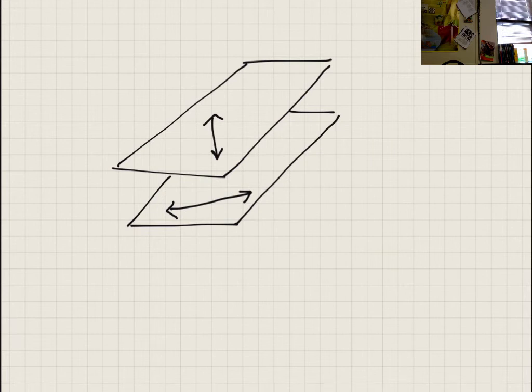Okay, skew lines. Any questions about these types of lines? No, sir. Your homework is going to have you identify these different types of lines, points, rays, and things like that. Okay? Here is what I need.